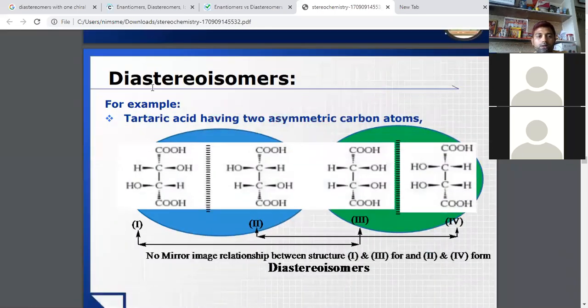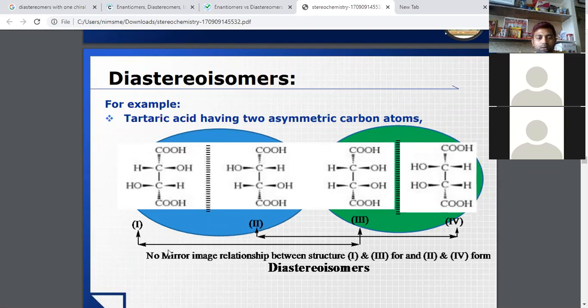One example of diastereomers is tartaric acid. See, this tartaric acid has two asymmetric carbon atoms, the first one and the second one.